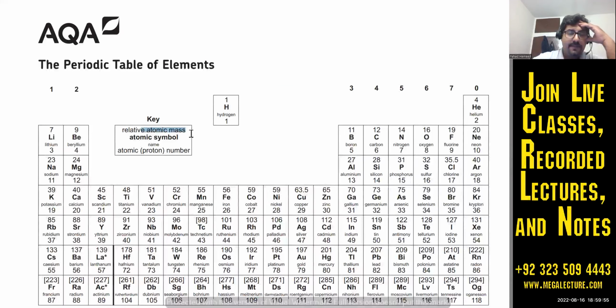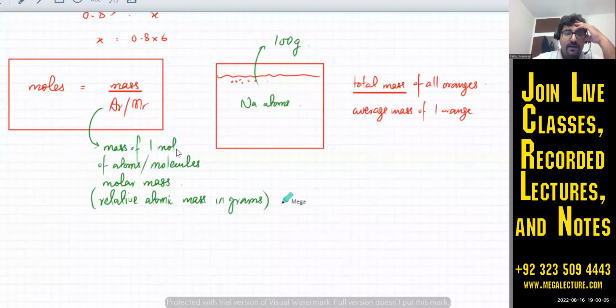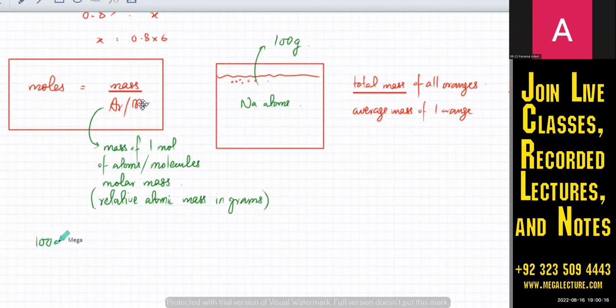So that's atomic mass. Boron has an atomic mass of 11. Sodium has, remember, the bigger number is the atomic mass. Sodium over here has an atomic mass of 23. So what will be the answer? If I've got 100 grams of sodium atoms, how many moles do I have? All I have to do is plug in the formula.